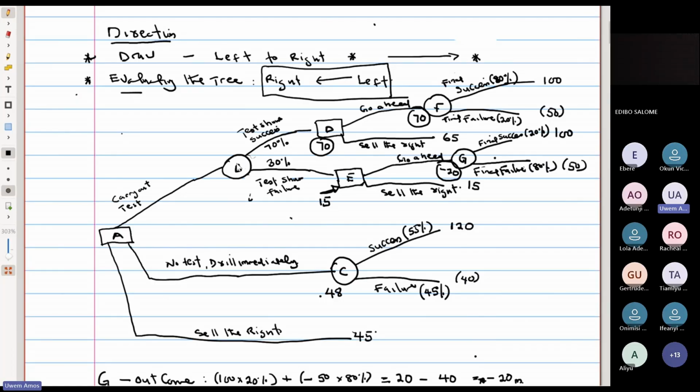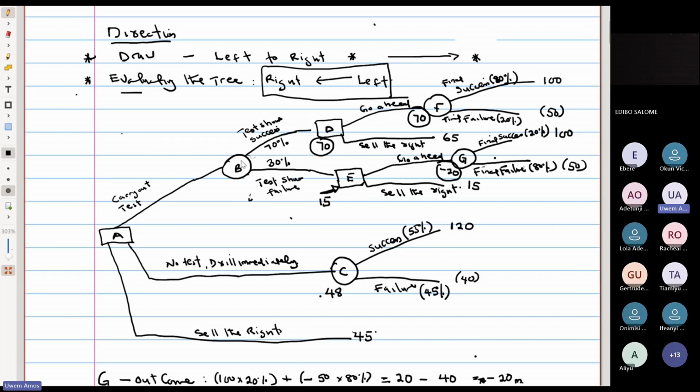So if we are on B, we can have our test success, and that will take us to D. What will be the result if we go B? If it's successful and it lands out as D, what will be the value? 70, and the probability of that is 70%. Just like if it's F, it's successful, it lands out at 100.